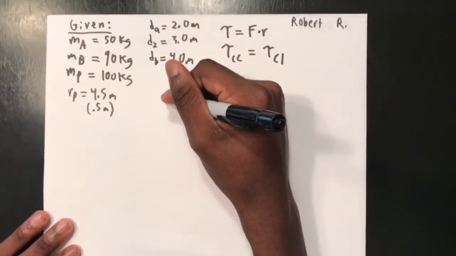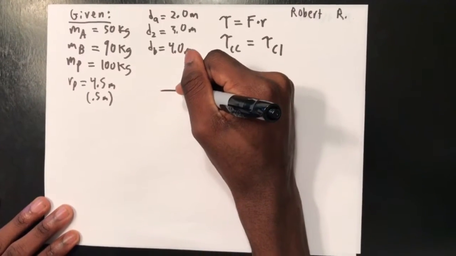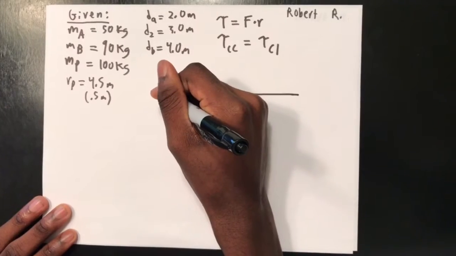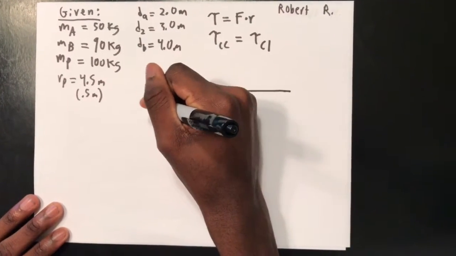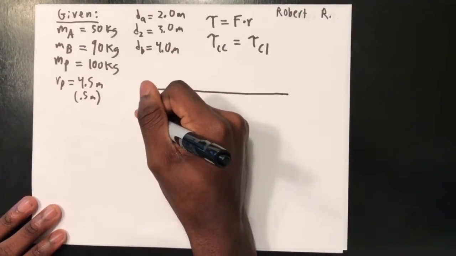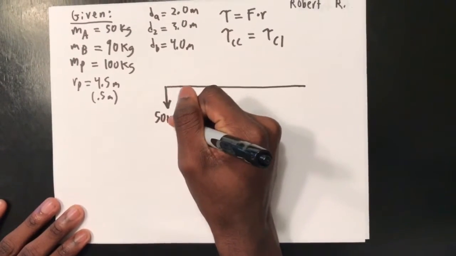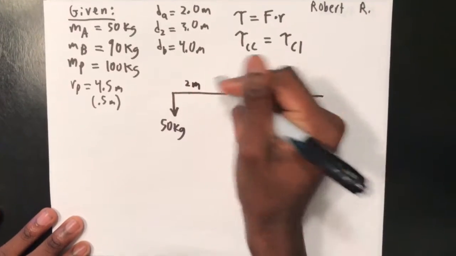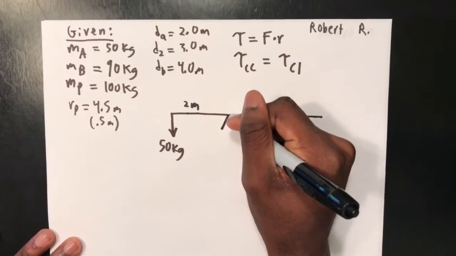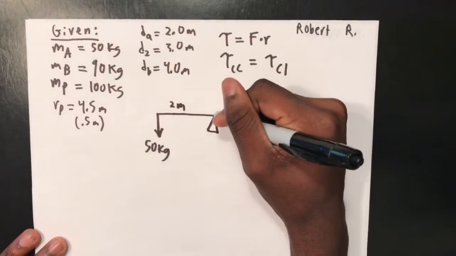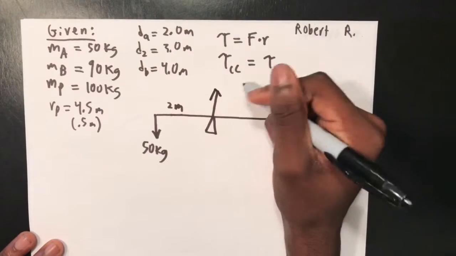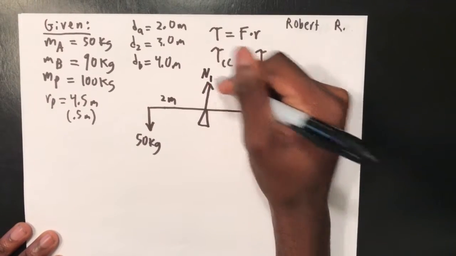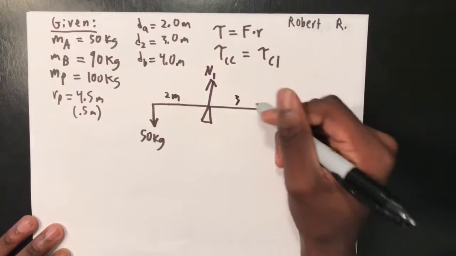So right here we have Adrian, 50 kilograms, got the distance 2 meters, our support, which is exerting a normal force N1, distance 3 meters.